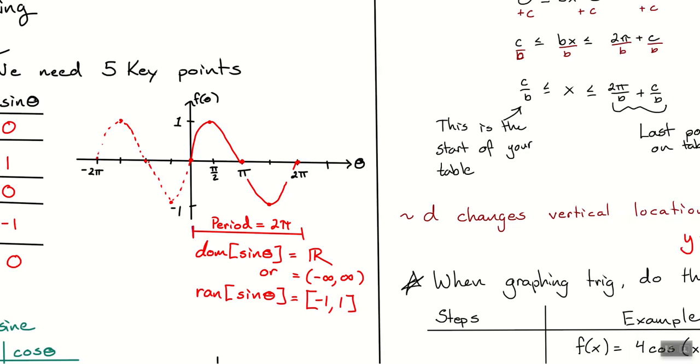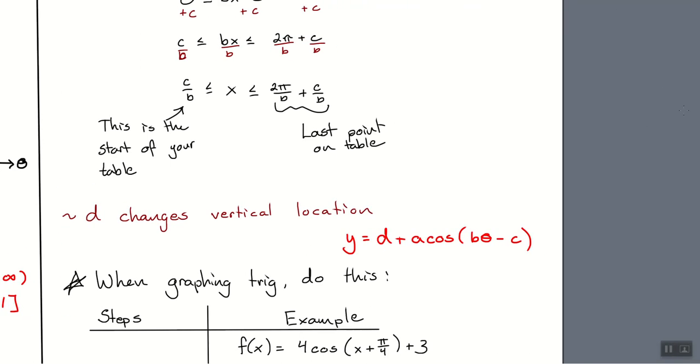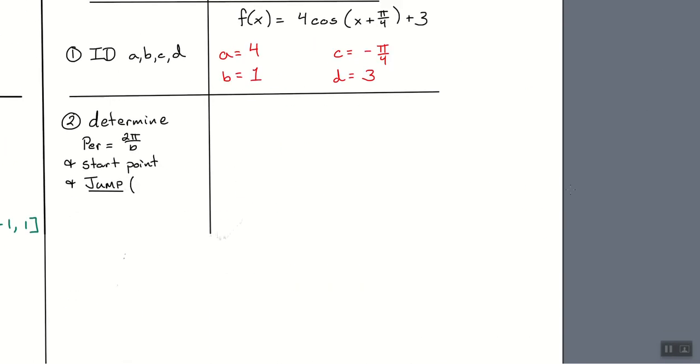So, the Holloway way of doing this, and I think that this is the best way, but if you don't like, you don't have to. Take your period, and you want it to be 5 points, so you cut it how many times? 4. If you take, for example, 2 pi, and you cut it into 4, that's pi halves, right?